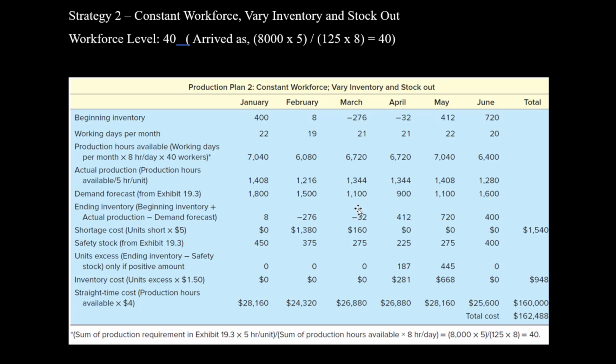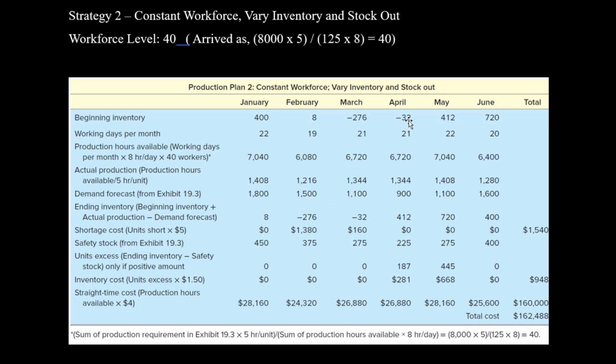So after fulfilling this 276, when we use this formula, we will be left with still a shortage of 32, and then our shortage cost will be 32 into 5, 160. Safety stock is 275, but we will not be able to put anything in the safety stock, right? So the straight time cost will be calculated. This minus 32 will come here.